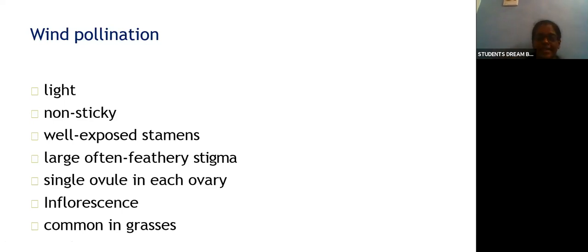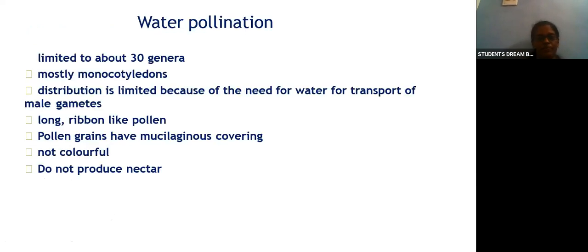The flower must be light, so that it will move in the wind and pollination will occur. It should be non-sticky so that it can move through the wind. Then it should be well exposed, and the stigma should be large and feathery. Then it should have a single ovule. So these are some of the criteria for wind pollination to occur.